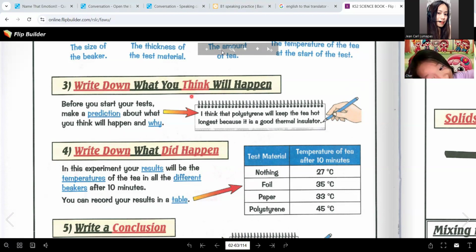Okay, it's like a prediction. You will say, I think it will be the paper. The paper will keep the tea hot in 10 minutes. So you will write a prediction.